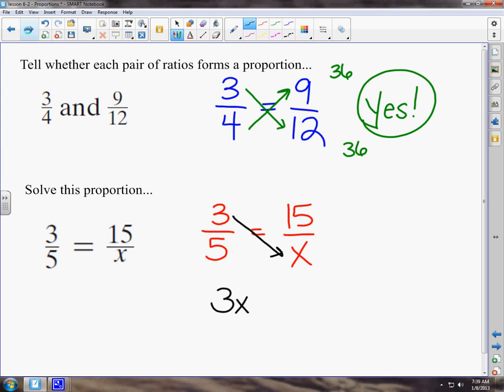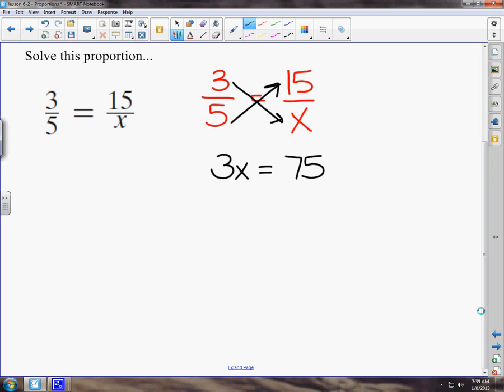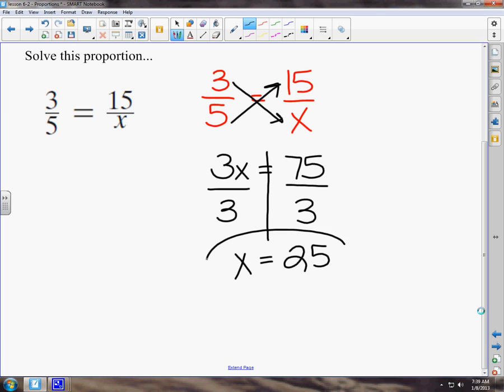Write it here. And then do 5 times 15 and keep your equal sign and then write it on the other side of the equal, which is 75. So then you have an actual algebraic equation, and you can solve this pretty simply. You just draw your line and you divide both sides by 3, so x equals 25.